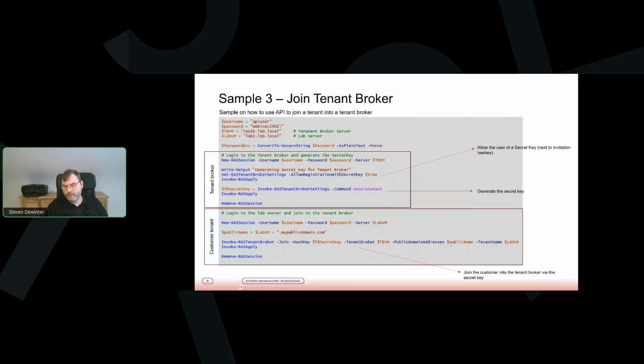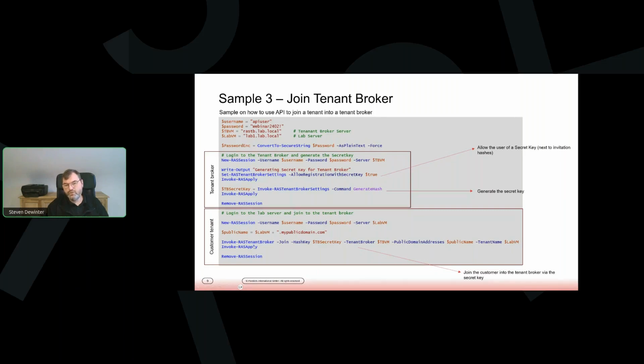This has to do with how the multi-tenant environment works. For every tenant that you want to join in a multi-tenant environment, you have to specify a public DNS name. So this is basically what we pass here, and then we just have to give it a name. So the tenant name is what we specify here, and then Invoke-RASApply.